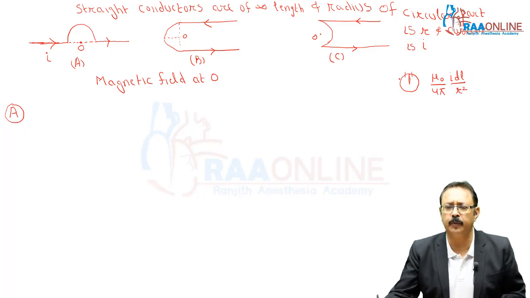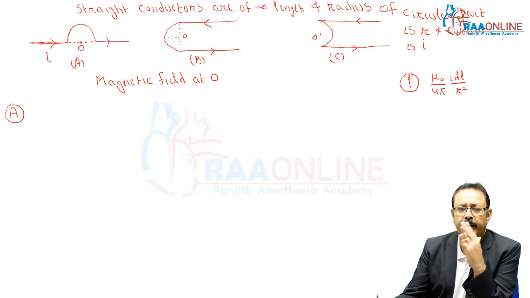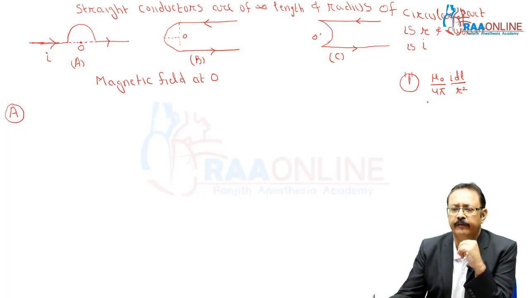In this case, theta was 90 degrees because the length element always makes an angle of 90 degrees with the radius. We take so many small portions and all the magnetic fields were in the same direction. By adding all the fields, we get the total magnetic field; the common portion is mu naught upon 4 pi r square, and we take the summation of dl.